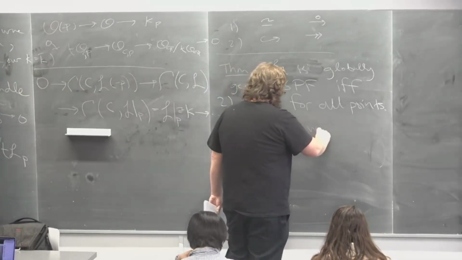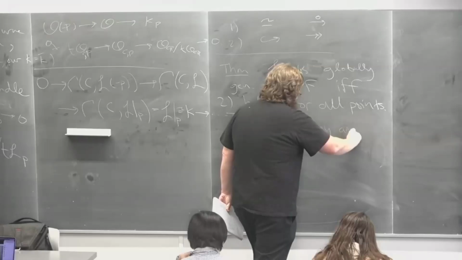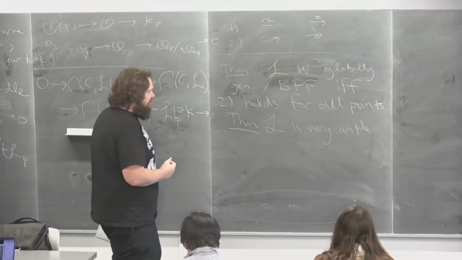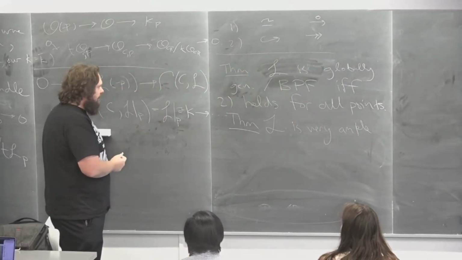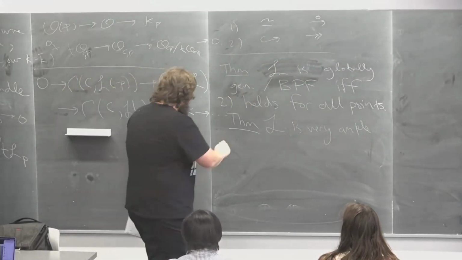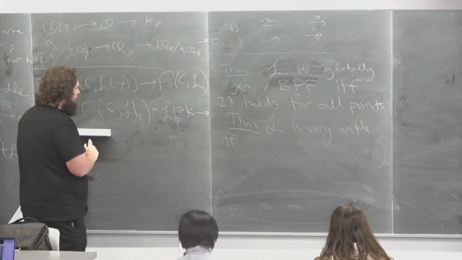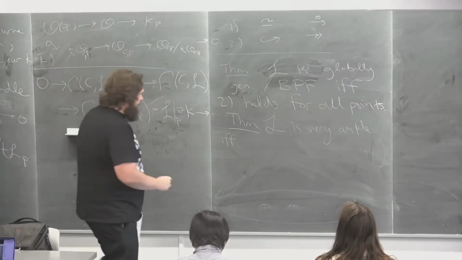So L is very ample, which, as you'll recall, means that if I take the map that comes from all sections of L, then I get an embedding into projective space. If and only if, well, the equivalent of 2 holds, but with a slightly different map.